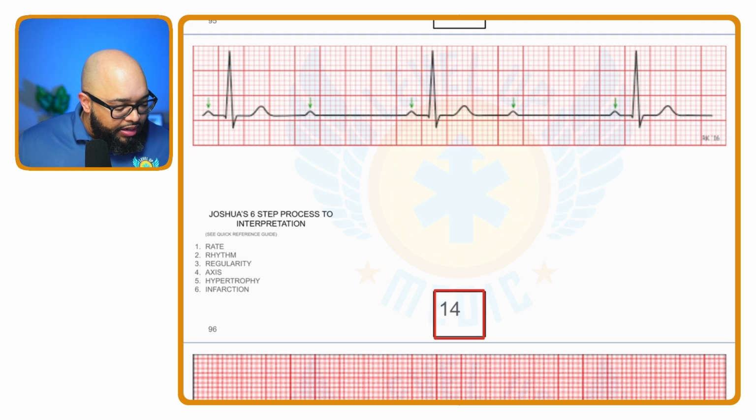But obviously, this one is not on the line, it's kind of halfway between the lines. Even if I started with the lines, we have 300, 150, 100, then 75, 60, 50. Next we have 43. Either way, we know this rhythm is very slow. It's definitely bradycardic.